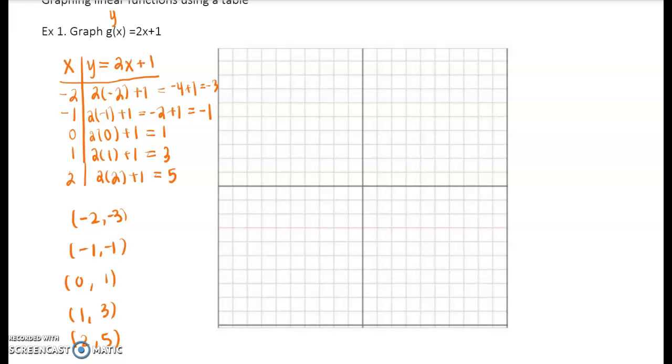And then you'll go ahead and graph this. Make sure you are labeling your x and y axis.